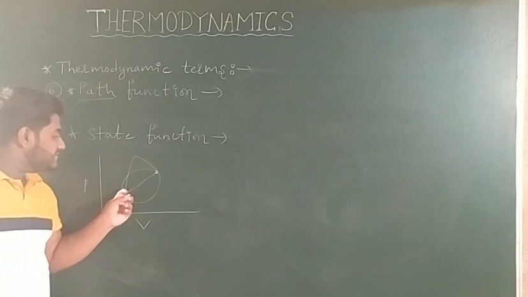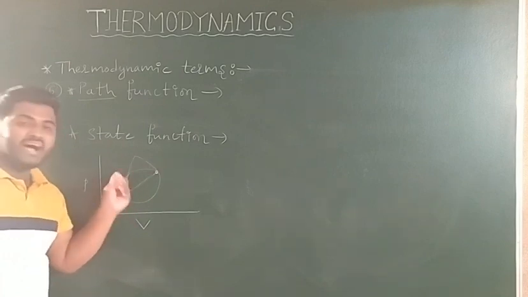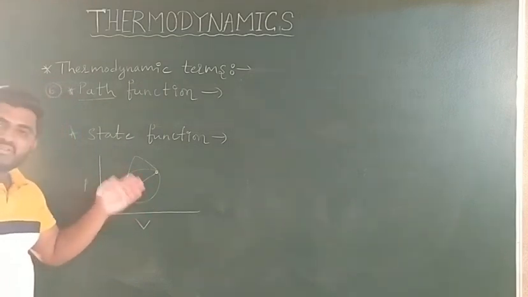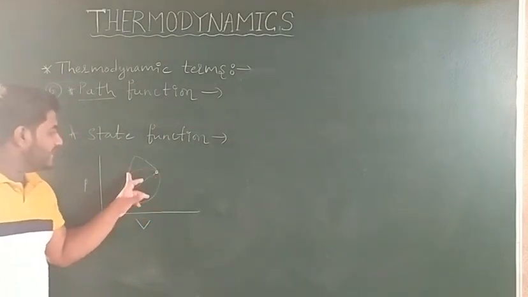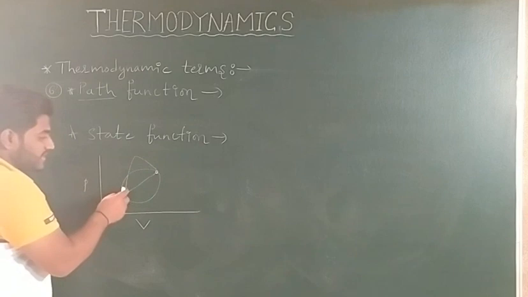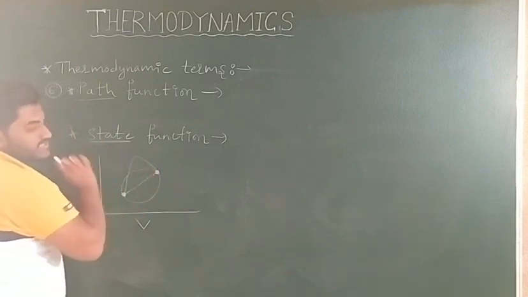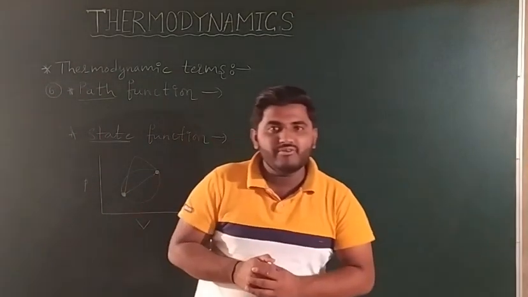So the system wants to go from this point to this point. If the function depends on the path, then it is called a path function. Whatever the path may be, if the function only depends on the initial and final point, then it is called a state function. I hope you understood.